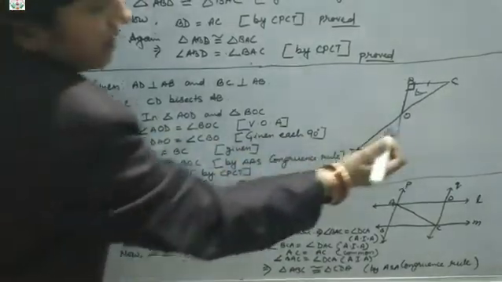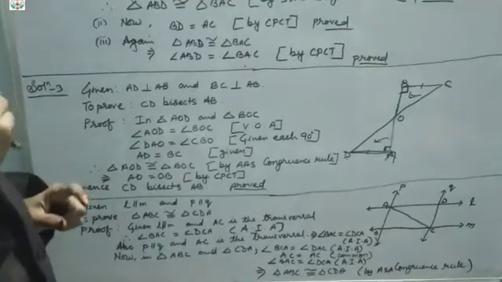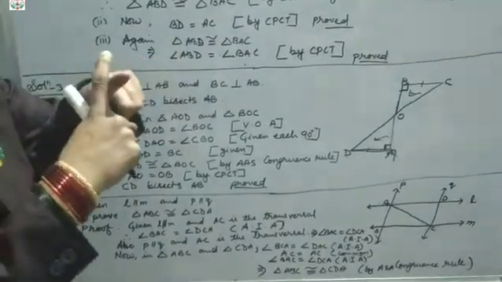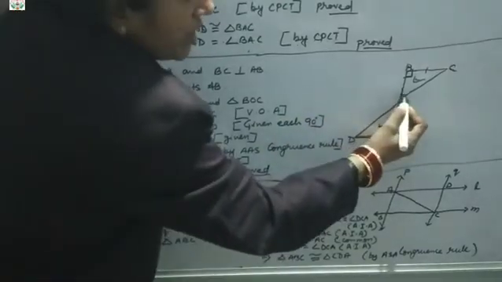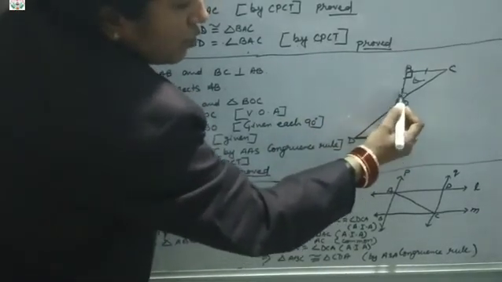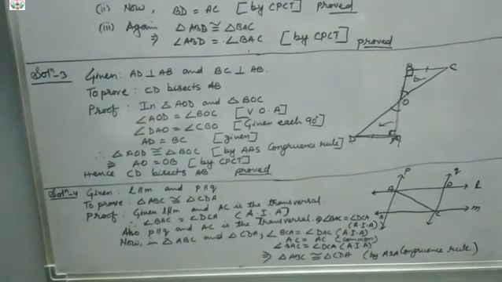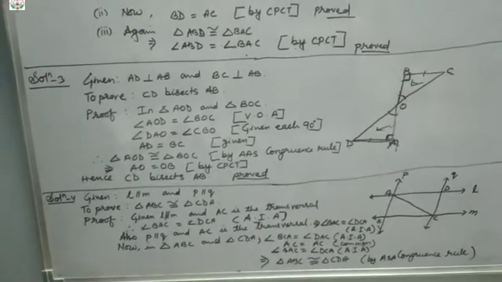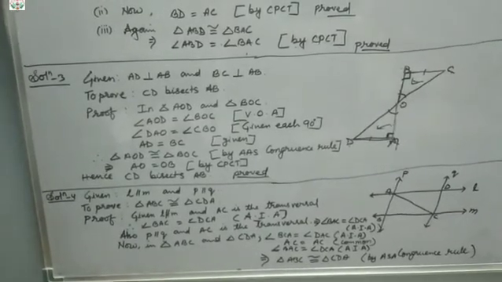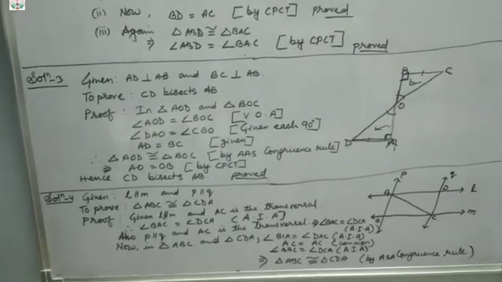And then this angle, because we know that in theorem 6.1 it was there that when two lines intersect each other, they make vertically opposite angles. So this angle is equal to this angle, as they are vertically opposite angles. If two lines intersect each other at a point, then they form a pair of vertically opposite angles, we have seen, and that is equal.